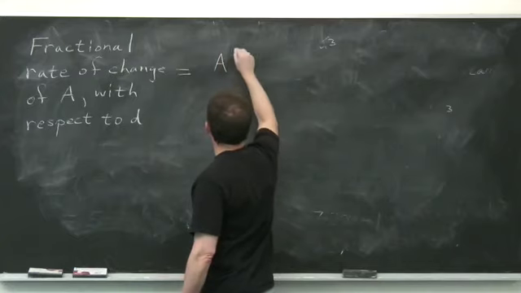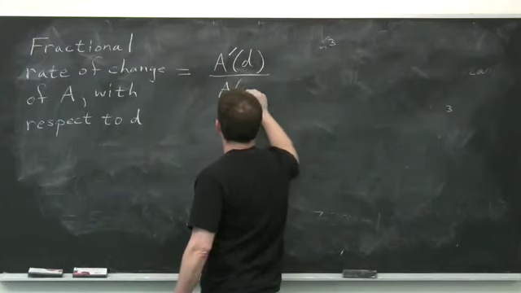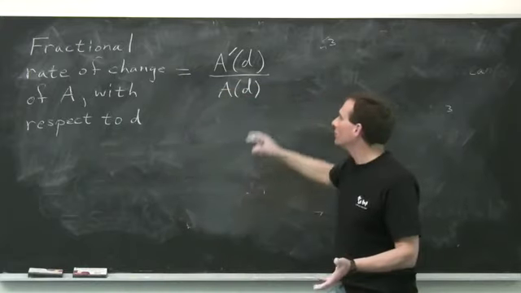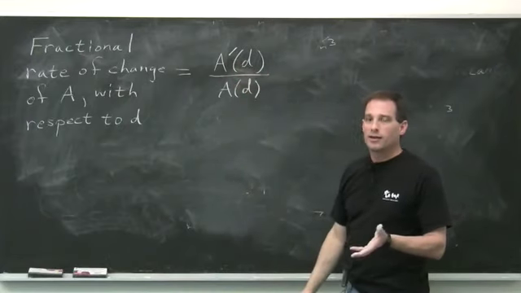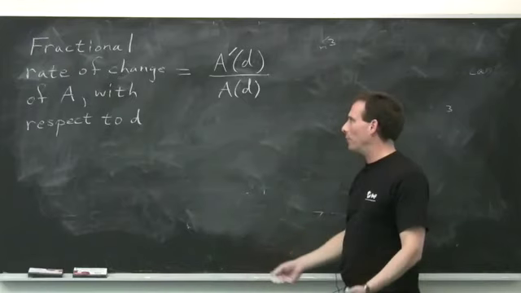Well, the rate of change of A with respect to d, but then divide by A of d. So take your rate of change of the area with respect to the diagonal length and divide by the area so that we can see kind of what fraction you're going up by.